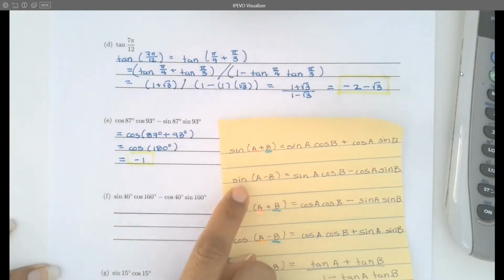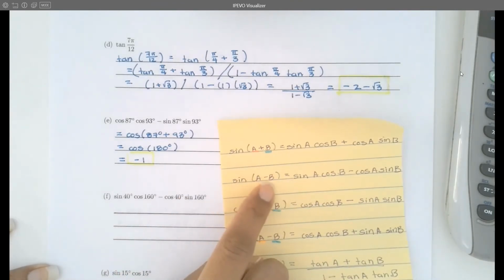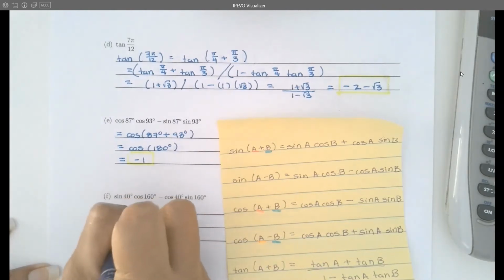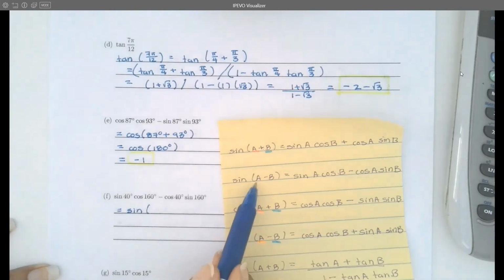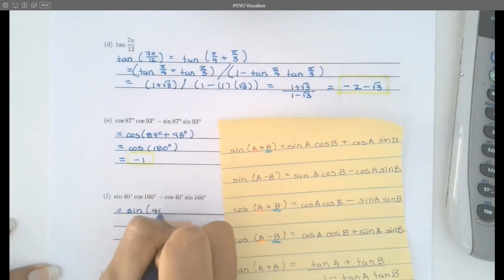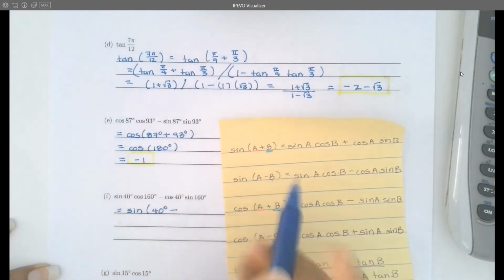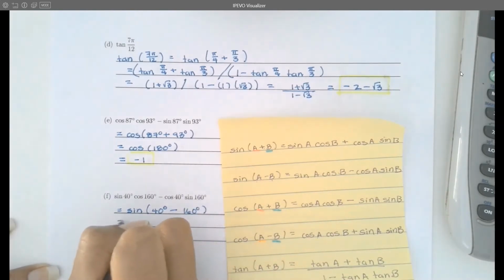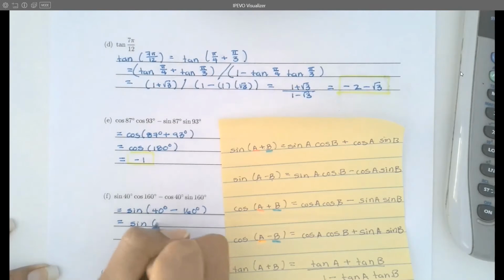And that is equal to sine of the difference of the angles, sine of A minus B. So this is actually going to be sine of angle A, which is 40 degrees, minus angle B, which is 160. And so that's going to give us sine of -120.